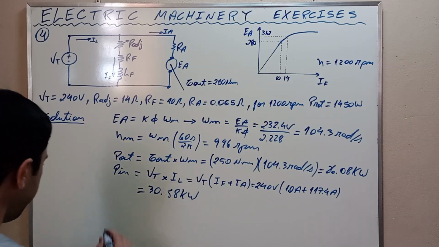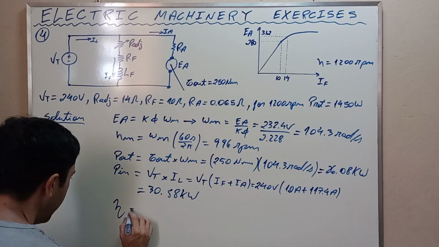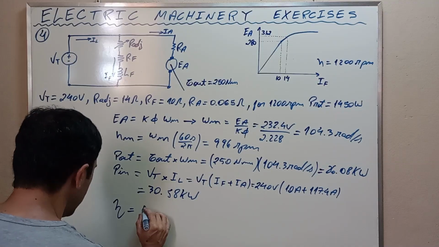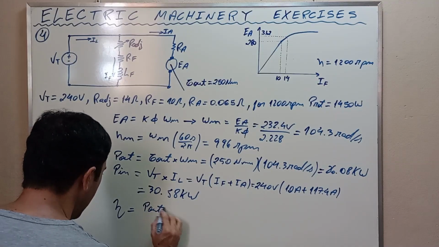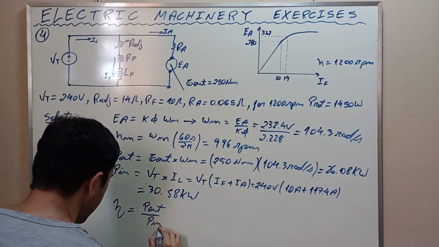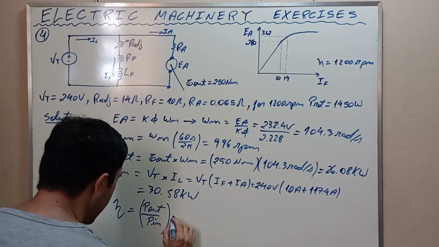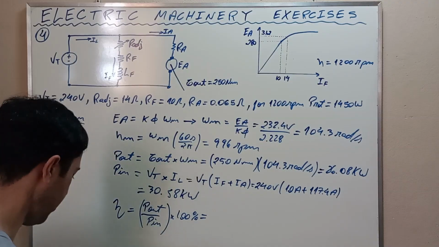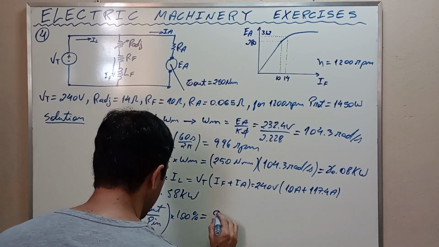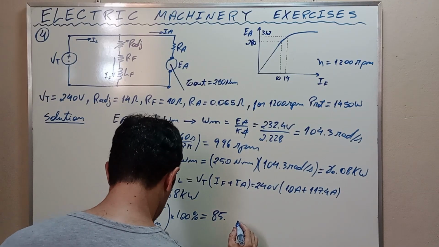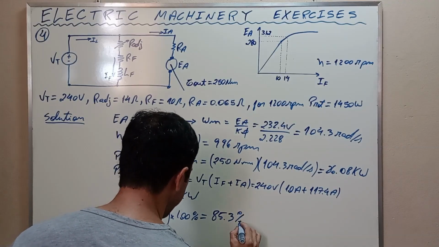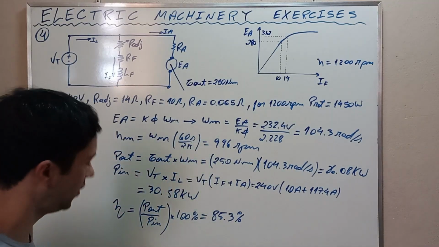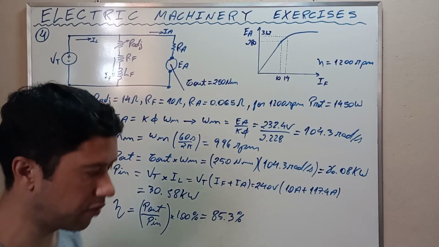Our efficiency is equal to P out over P in times 100%, and this is equal to 85.3%.